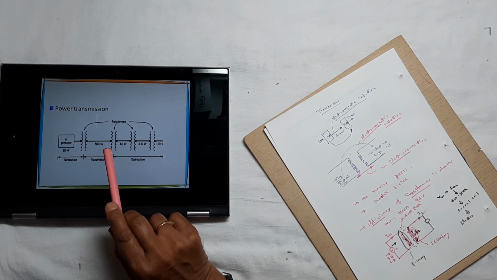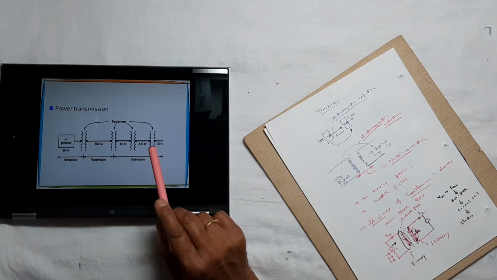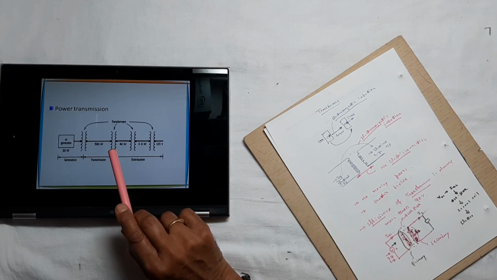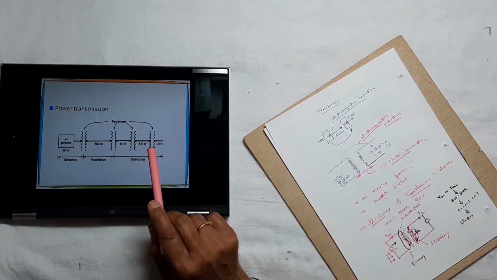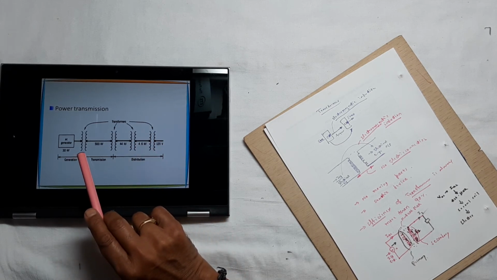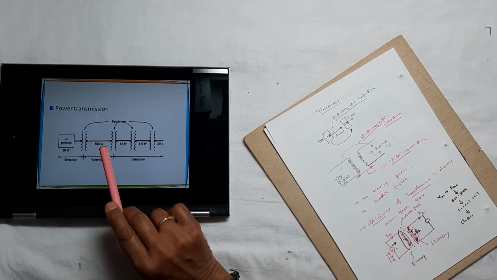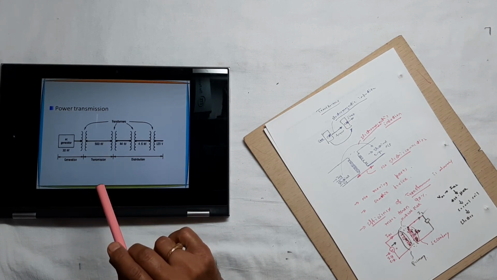Then where you need lower voltage, you gradually step it down at the distribution level or sub-transmission level. The objective of the transformer is to increase the voltage level so that we can reduce the current.